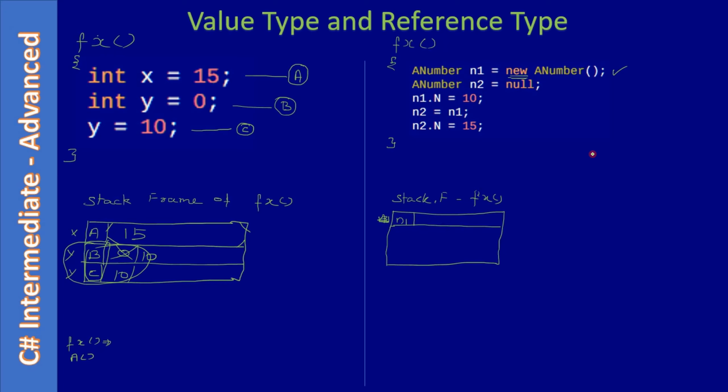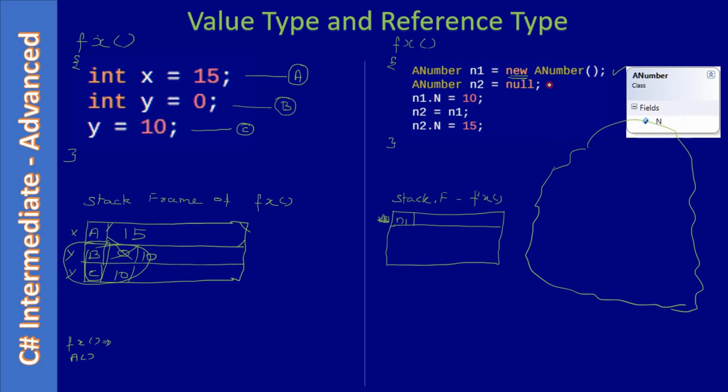So what happens, let's say this is the heap. In the heap we have a class called ANumber. Let's say it contains only one field called n, and let's assume that it is an integer. ANumber is the class instance or object we are creating with new.